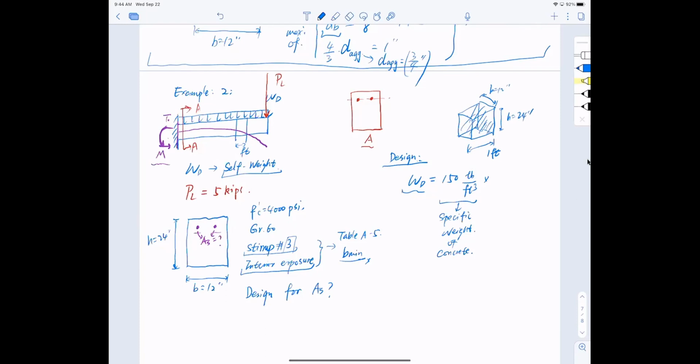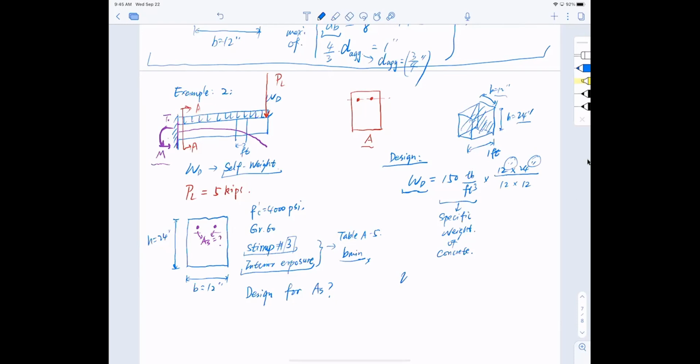So omega D is the dead load per foot, and I want to convert that. What I do is multiply the 12 inch of width and the 24 inch of height. But don't forget this is per foot, and I want to convert the unit to foot. So this is inch, this is inch: 12 inch per foot, 12 inch per foot.